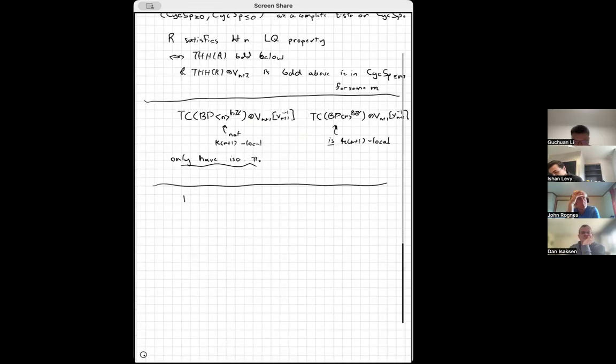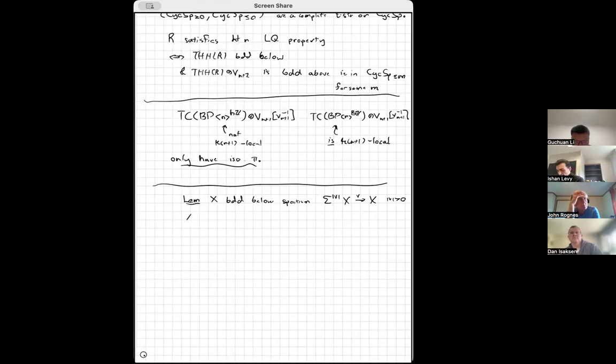So here's just a basic lemma that we can very quickly check. Suppose you have X, which is a bounded below spectrum, and you have some self-map of positive degree from X to itself. So v is positive degree.